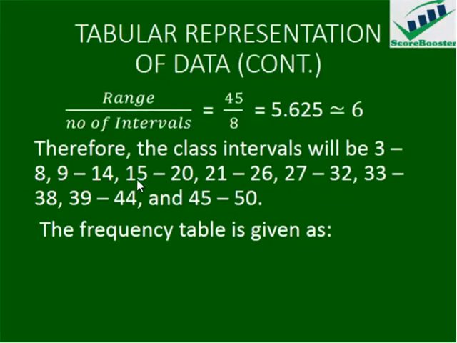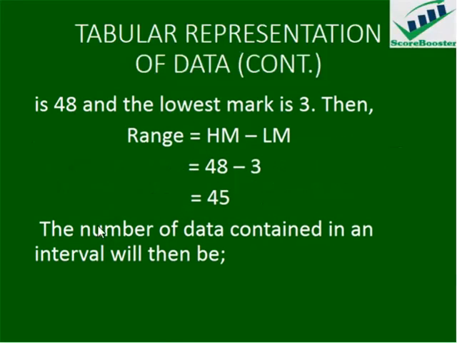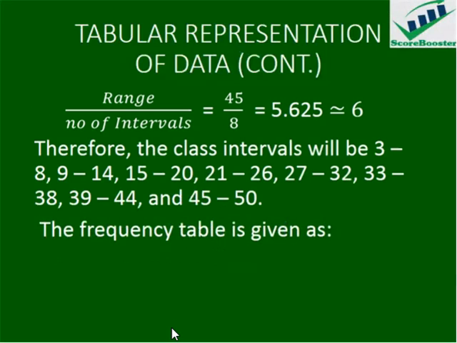So that is the meaning of what these class intervals are. And this is the lower class limit, and this is the upper class limit. And the lower class boundary here, we've been given the formula earlier.